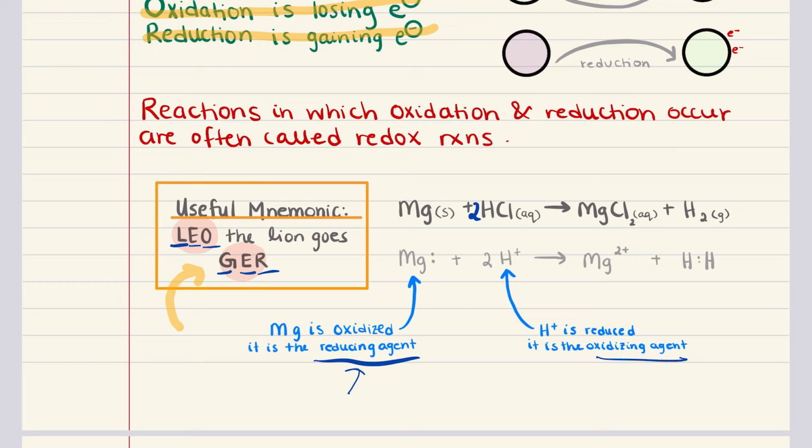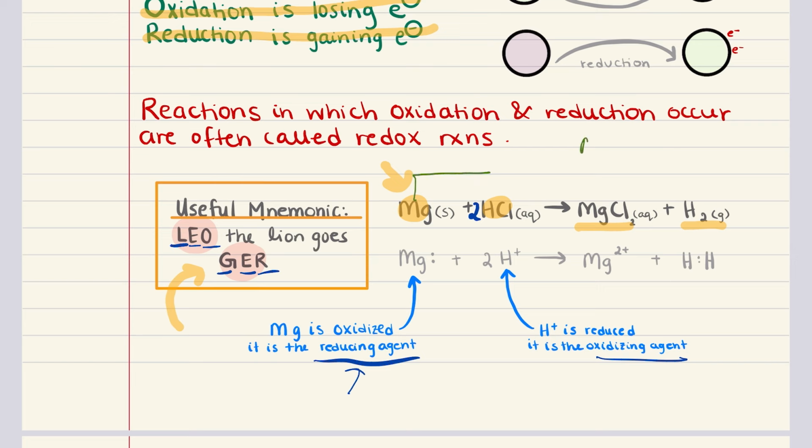So for example, let's consider the reaction between magnesium and hydrochloric acid. So this is the balanced chemical equation. You have magnesium plus 2 hydrochloric acid molecules. They react to give us magnesium chloride and hydrogen gas. In this reaction, magnesium loses electrons and is oxidized.